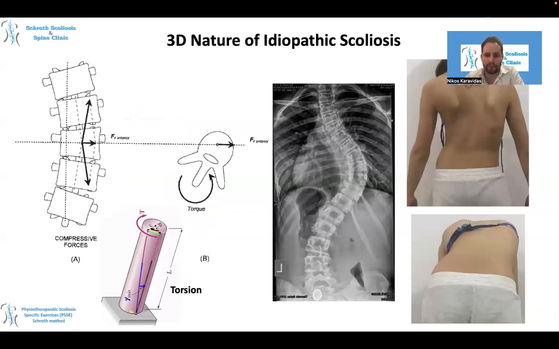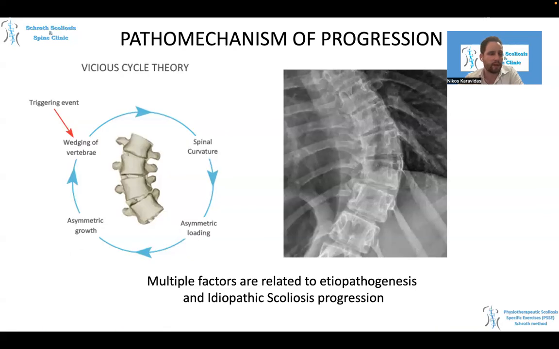So when we have mild scoliosis, usually we call it when it is less than 25 degrees, we can treat this scoliosis only with exercises.